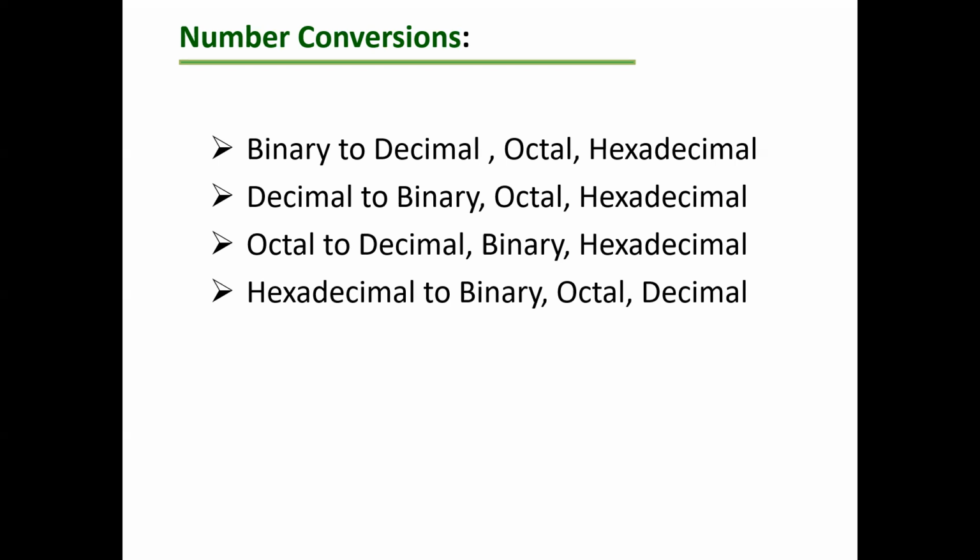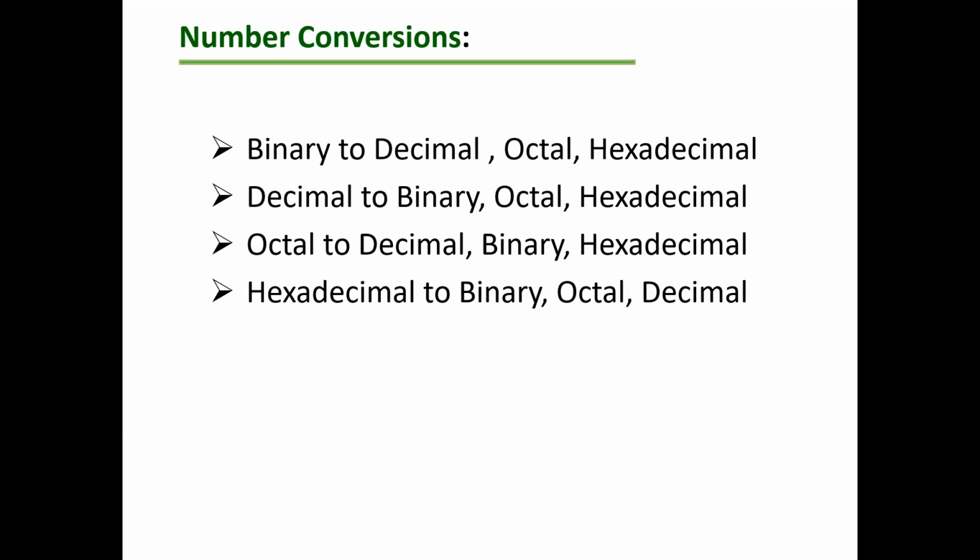Diba? So, nandito naman tayo ngayon. Let's proceed on the number conversions. So, iisa-isahin natin yan. Binary to decimal, binary to octal, binary to hexadecimal, decimal to binary, decimal to octal, decimal to hexadecimal, octal to decimal, octal to binary, octal to hexadecimal, conversion ng hexadecimal to binary, hexadecimal to octal, hexadecimal to decimal.